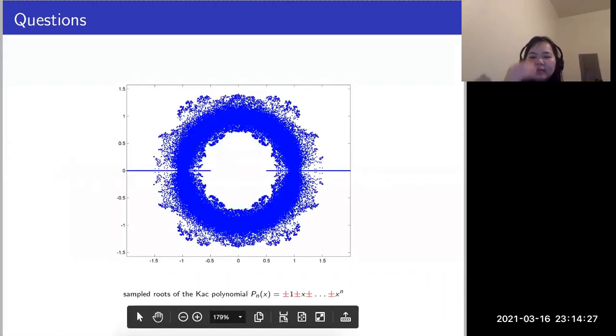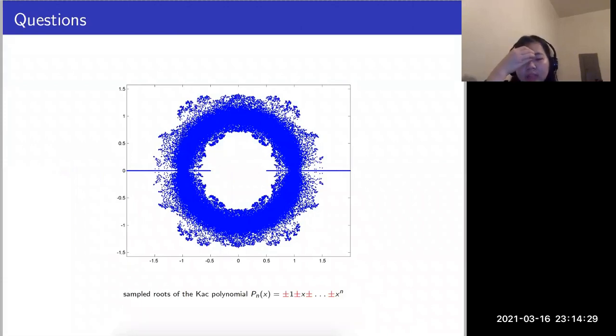But let me first start by showing some pictures of all the complex roots. So here I sampled the Kac polynomial, and you will see they have a very pretty picture here. So these are all sampled roots on the complex plane, and you see that most of them concentrate around this circle, the unit circle.